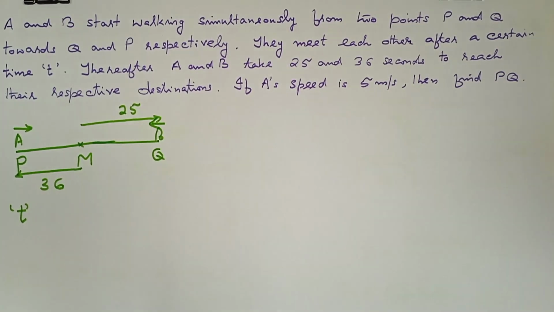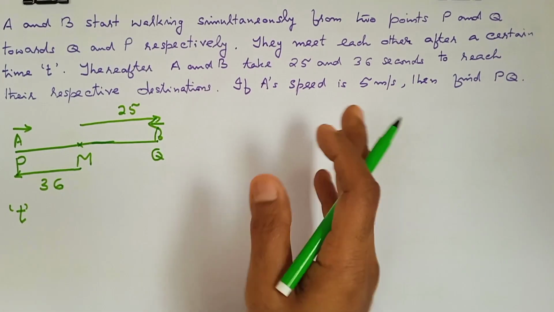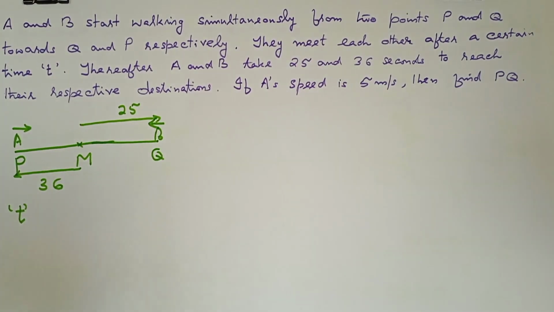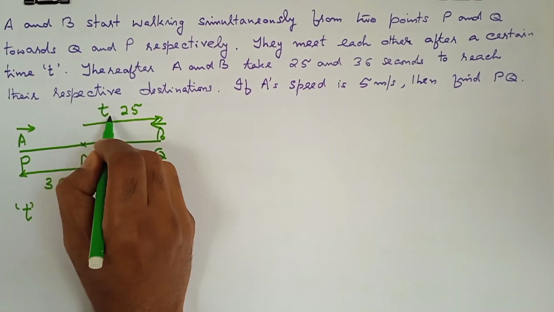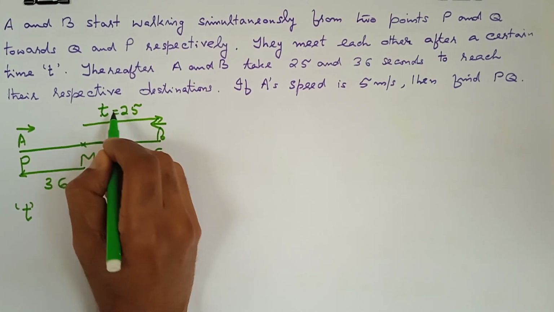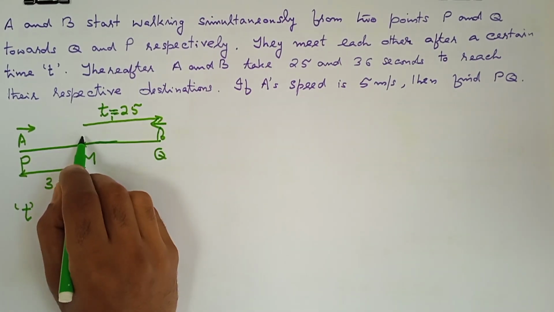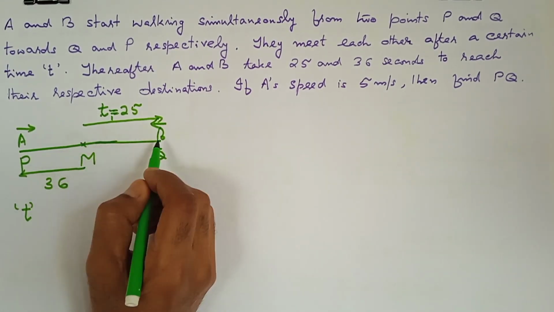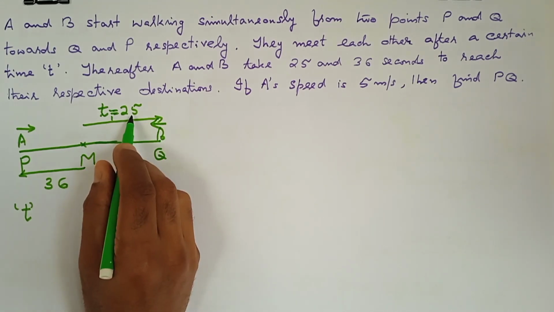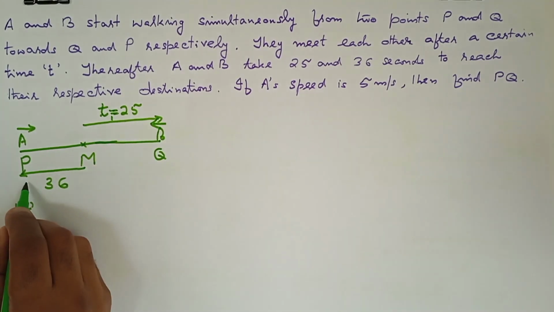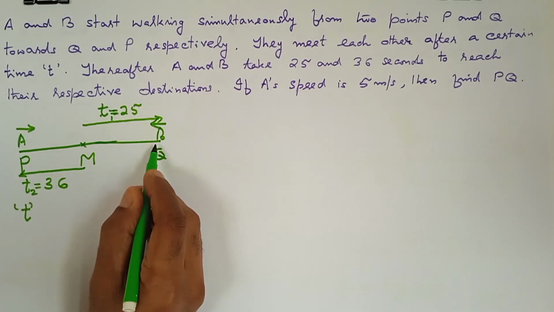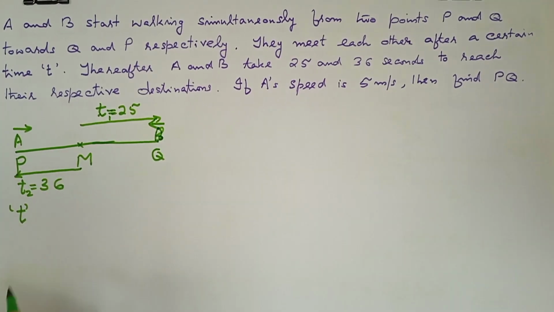Now there is a formula which you can use to do this problem faster. The formula is like this. Let's denote T1 as 25 seconds. Rather, A takes T1 seconds to move from here to here, which is given as 25 in the problem. And let's denote T2 for B to move from M to P. Now there are three lengths of time here.